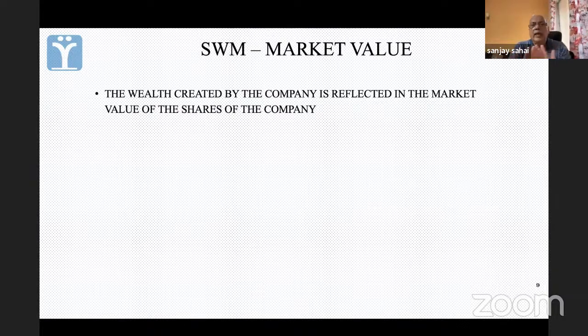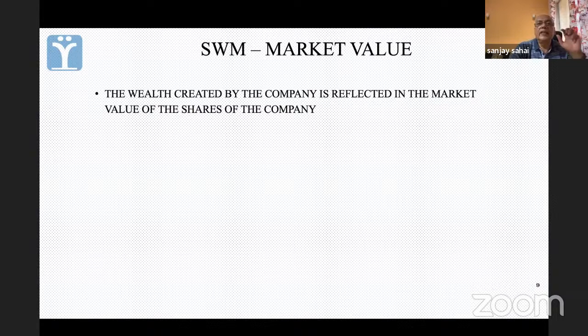Your profit is a matter of accounts. How much profit did the company make? But there is a different type of value which is being created. It is influenced by the accounts, but it is not a mathematical thing. And that is the value of your shares.